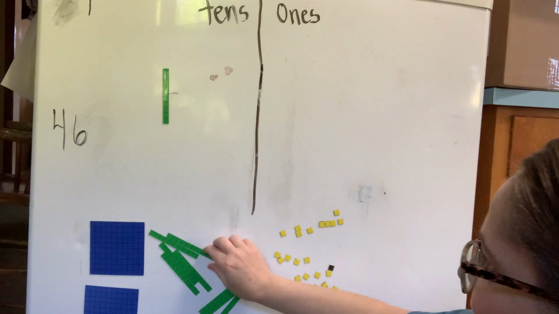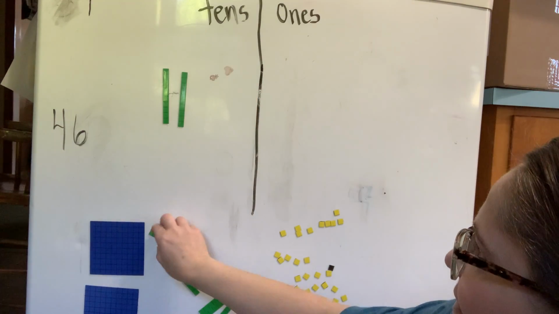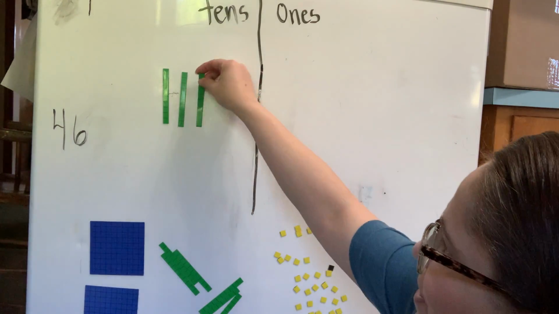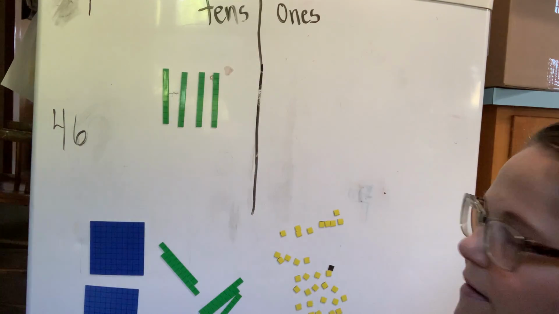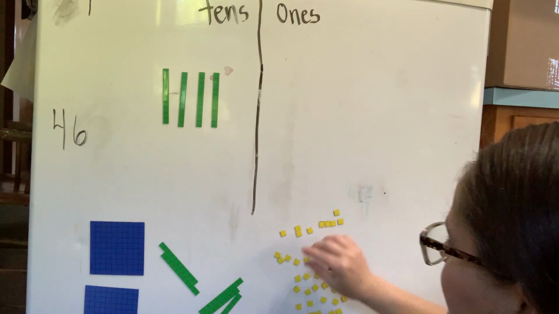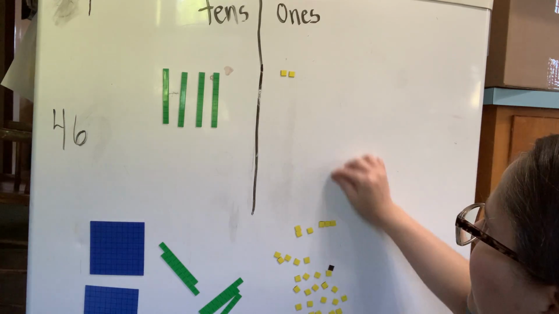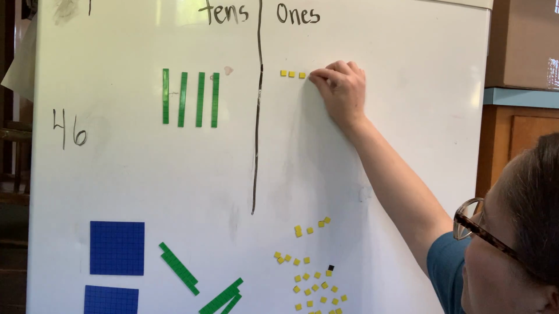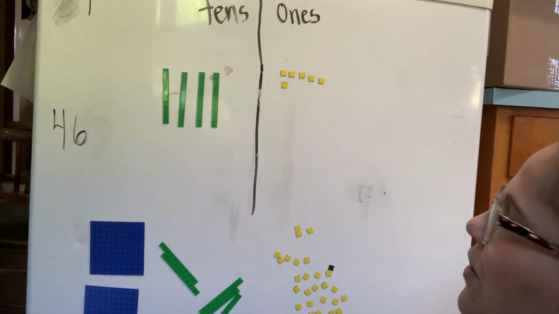10, 20, 30, 40. Now I have to work on the 6 in the ones place. 1, 2, 3, 4, 5, 6. 46.